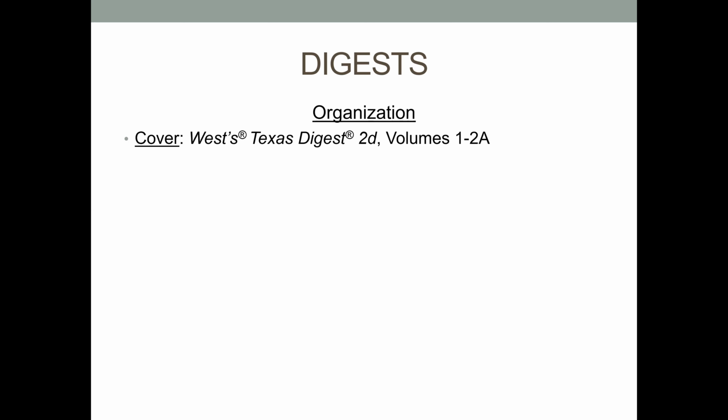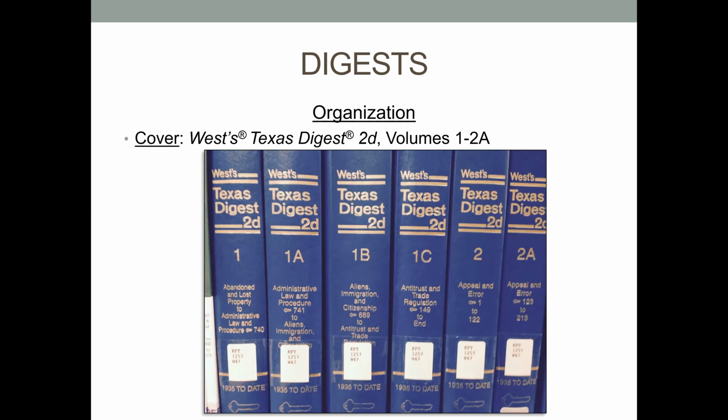So here is a closer picture of the spines of volumes from West's Texas Digest. And you can see here that at the top of each, you have the name of the digest, which is West's Texas Digest, second series. And then each hardbound volume has a volume number, although that's not really significant for your case law research. But below that, you see words that identify which major topic or topics are covered in that volume.